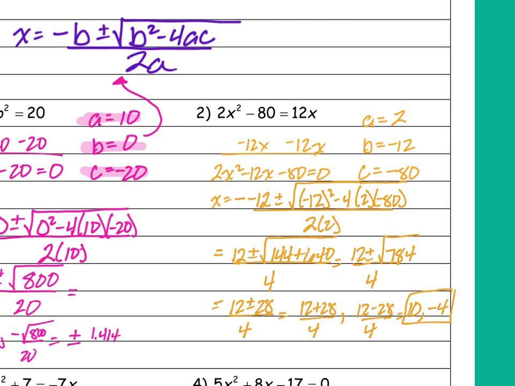So my answers are 10 and negative 4. Questions? It's kind of a lot of work, right? But it's not that hard. It's just order of operations, right? So add, subtract, multiply, divide. That's all we're doing.